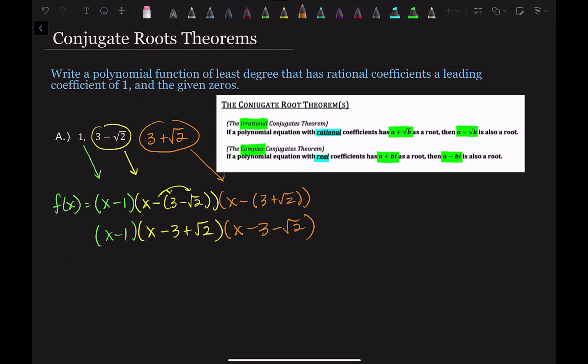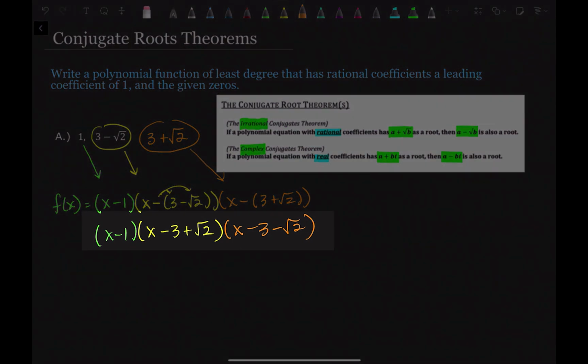And then we know that we could multiply any of those parentheses together. We have commutative and associative properties. So I could multiply green times orange if I wanted, or yellow times orange, or yellow times green.